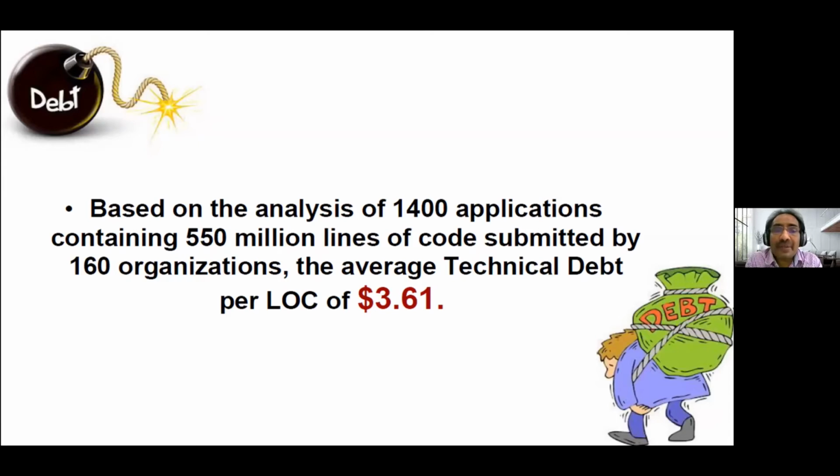And then, based on the analysis of some of the applications, as I said, we have code quality issues, which we differentiated into many areas to improve. One of the areas is technical debt, and in that context we are talking about the financials involved and time wasted. Per line of code, people are seeing that $3.61 is lost.